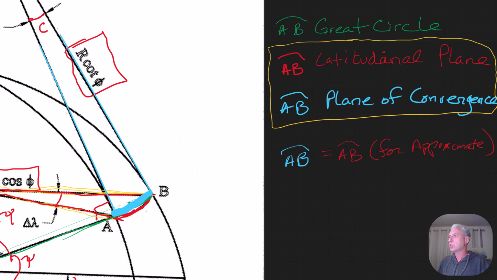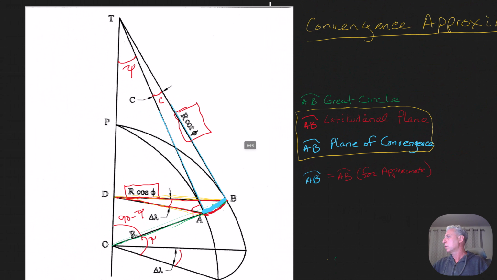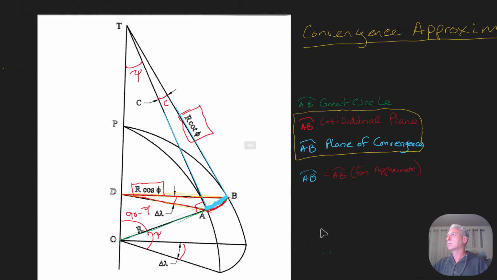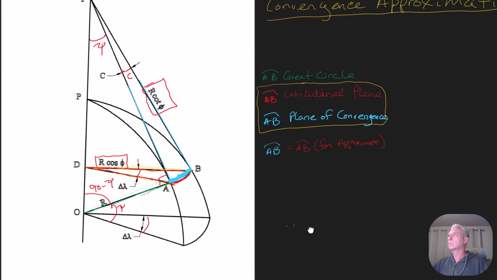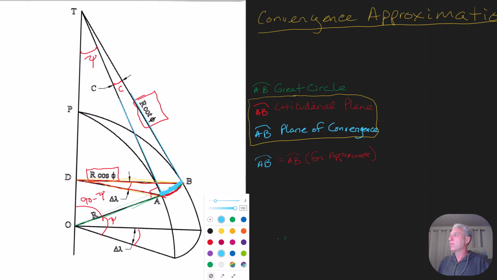If you look at the diagram, that's why everything's so fat, because I need to make this 100% zoom. So arc AB lies in the plane that contains points T, A, and B in the diagram.